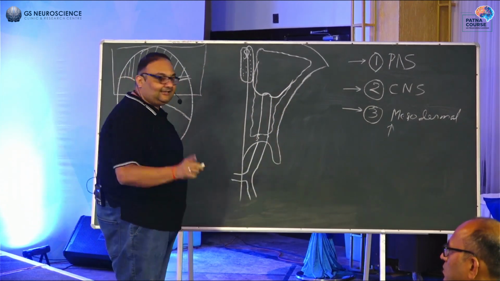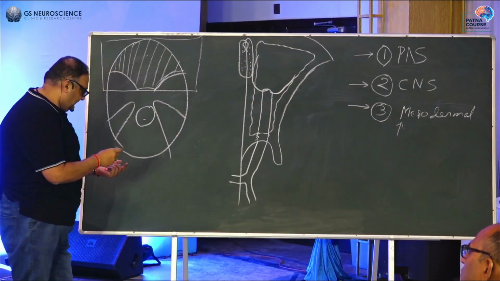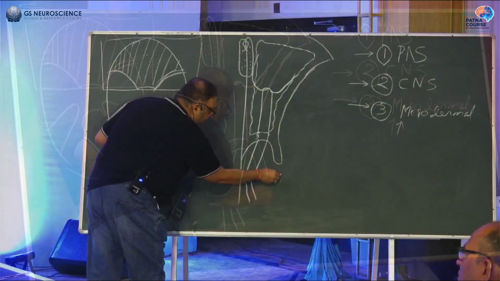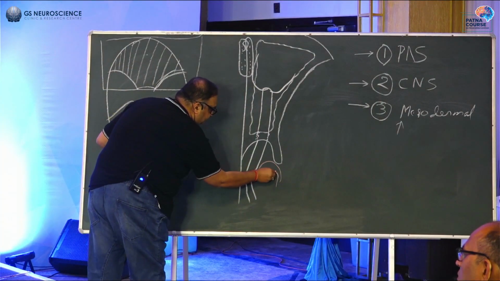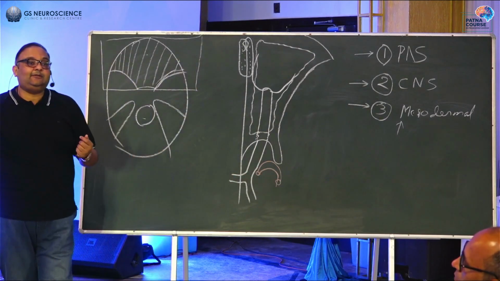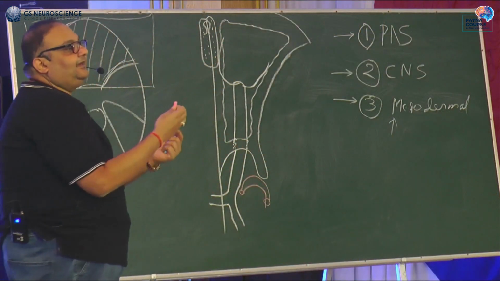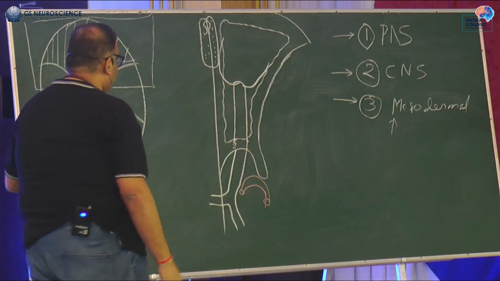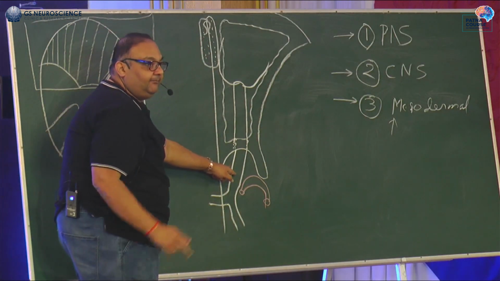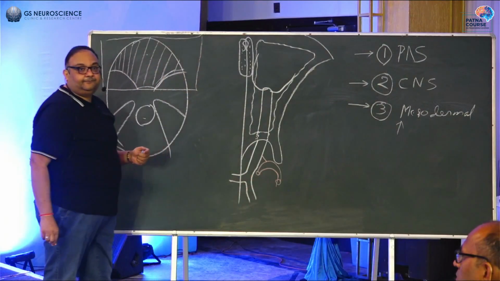Now, the classical explanation that has been given is that the internal carotid artery, that is the carotid siphon, as it becomes intradural, as it penetrates the distal dural ring, right below the optic nerve, inferior, it gives off the ophthalmic artery.